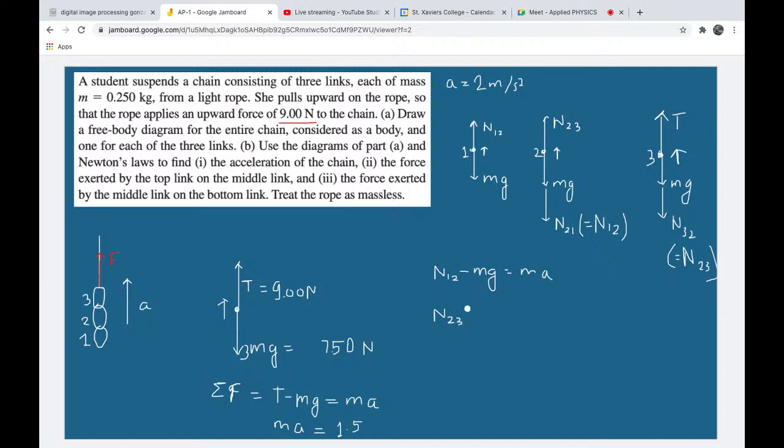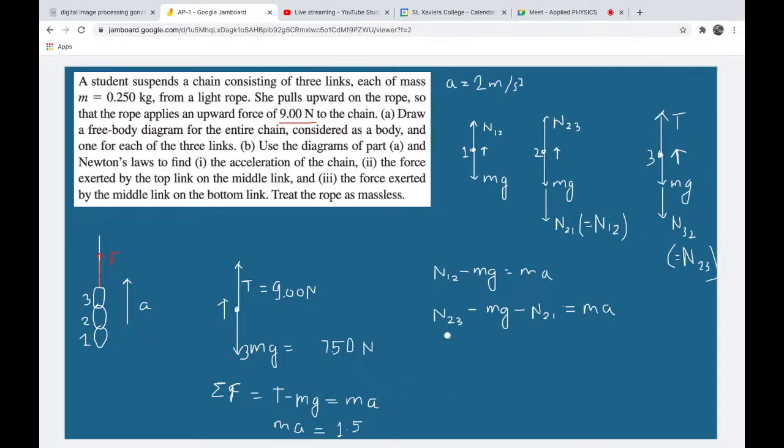N23 minus Mg is equal to, no, wait, then this one minus N21 is equal to Ma.